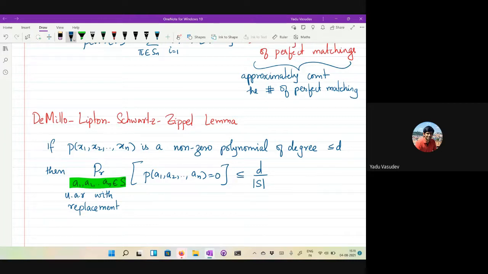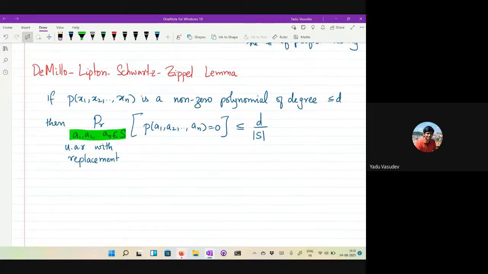Correct? And if you notice, the univariate case is a special case of this. The univariate case follows from the fundamental theorem of algebra that we saw, because P has at most d roots.